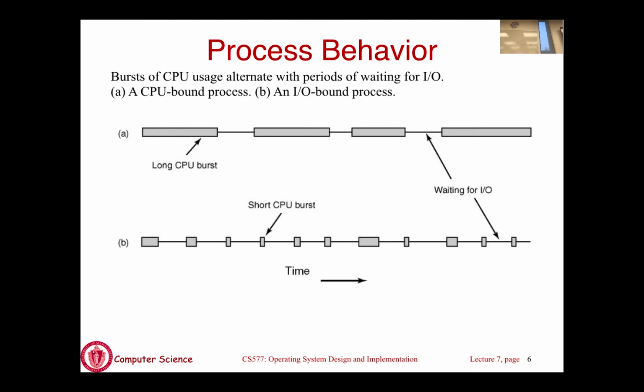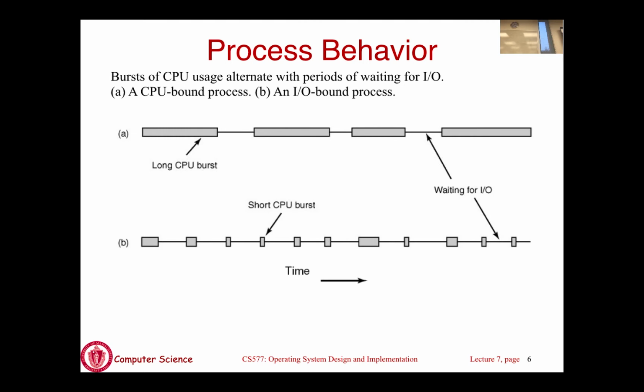Over the lifetime of that process, it can switch from being CPU intensive to IO intensive and back to CPU. But at any given instant, you can classify a process as either CPU bound or IO bound. As the name suggests, CPU bound processes are ones that need a lot of computation cycles to execute. IO bound processes spend most of their time doing IO. Those are the two things shown in the picture. The x axis is time.